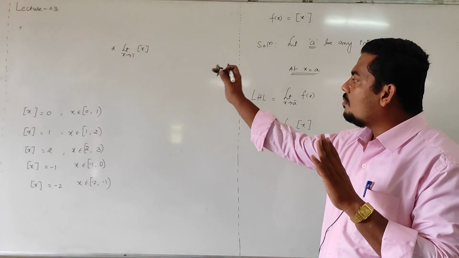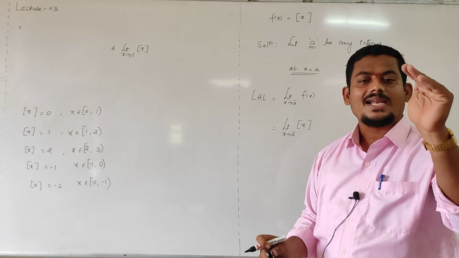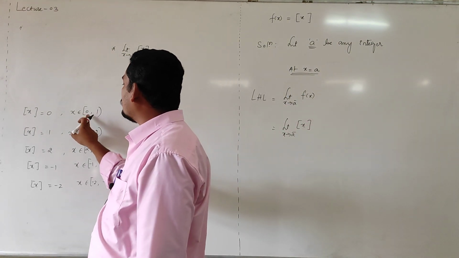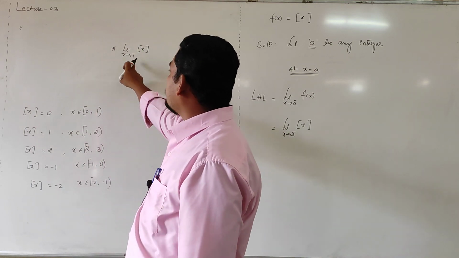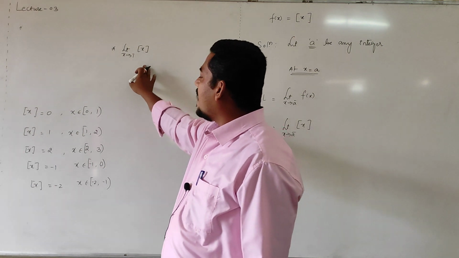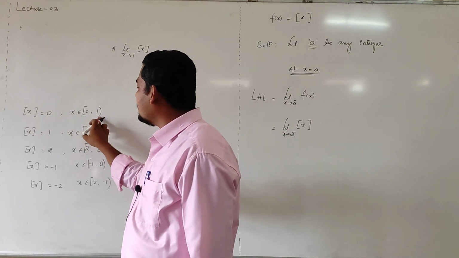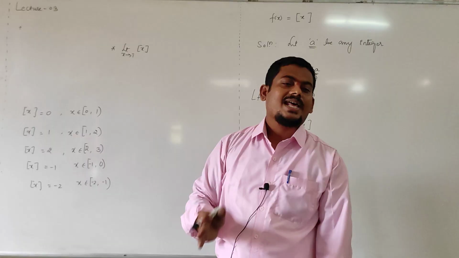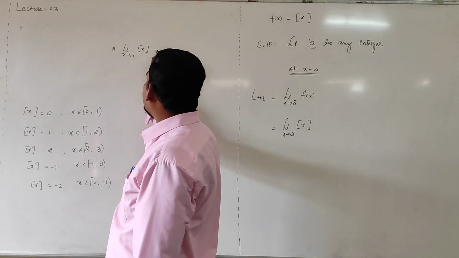Tending to 1 minus means x is less than 1. Look at this interval; it indicates less than 1. Whenever x is less than 1, what is the output?